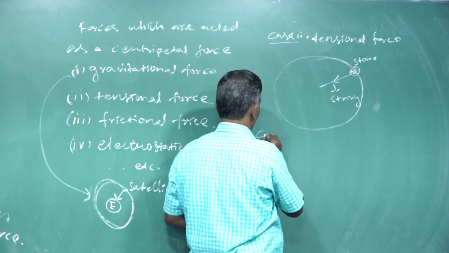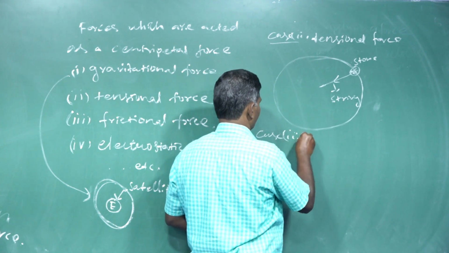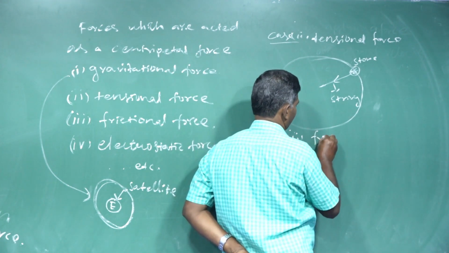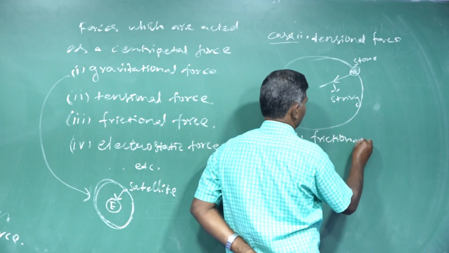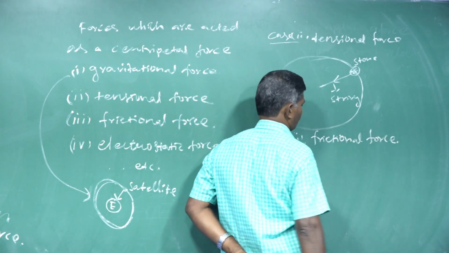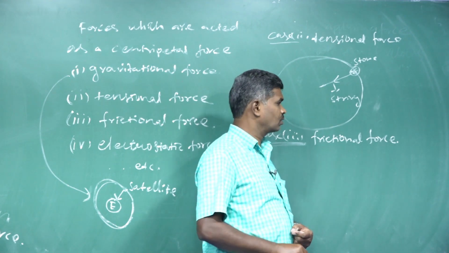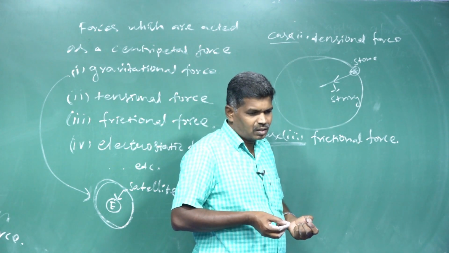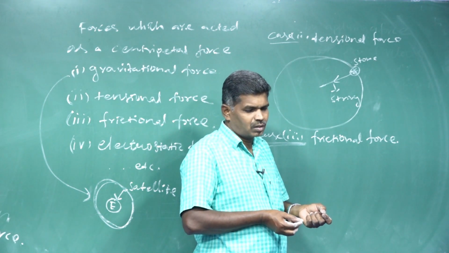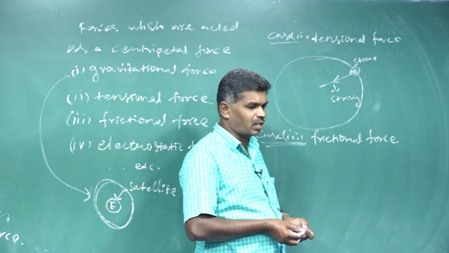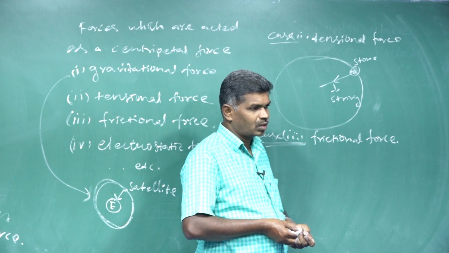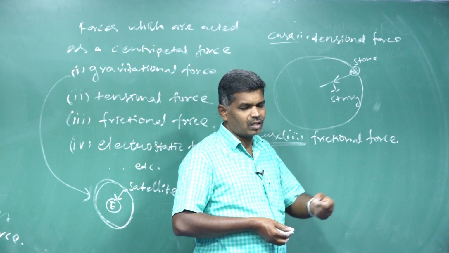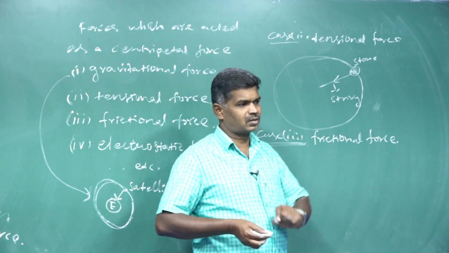The third example, case 3, is frictional force. Suppose one of us is driving a car. First, the car moves in a straight line. At one stage a turning comes, where we have an arc path. If a car moves in an arc path, then we can say the car moves in a circular track.